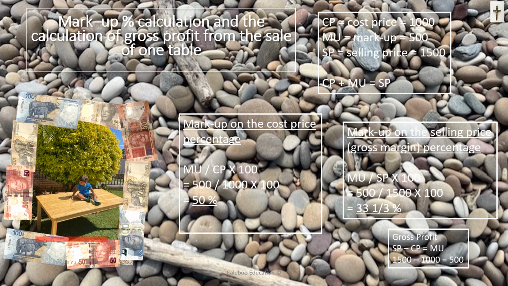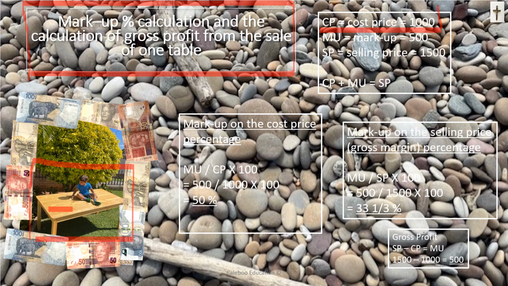So here is Caleb just before he made the sale. He's saying goodbye to his table and waiting for the customer to pick up the table. So from the previous transactions on the previous slides, we can obtain the cost price.